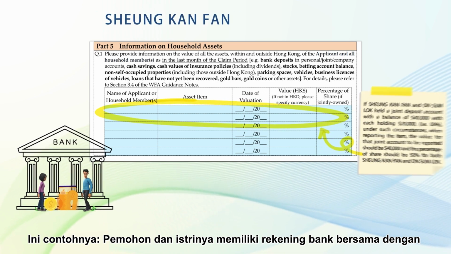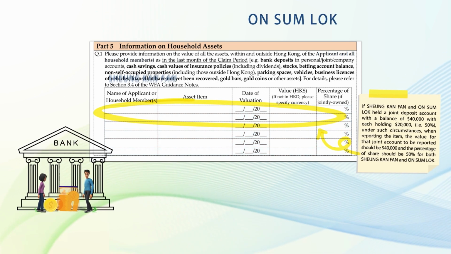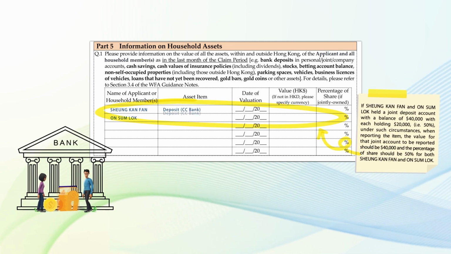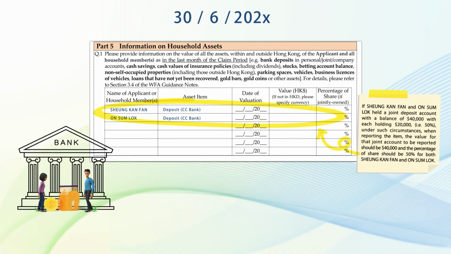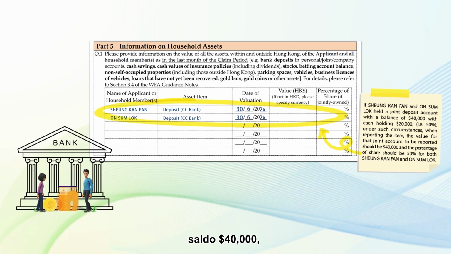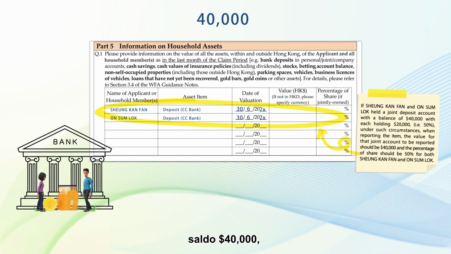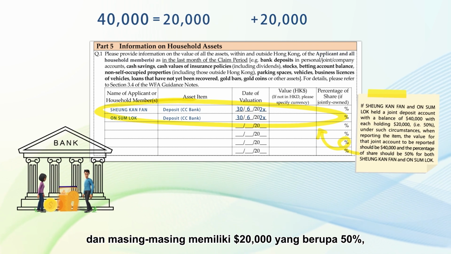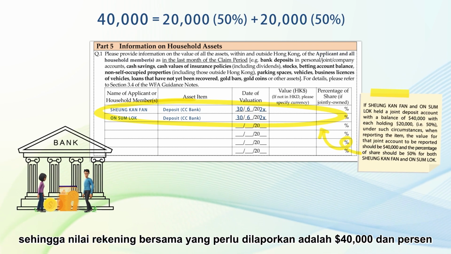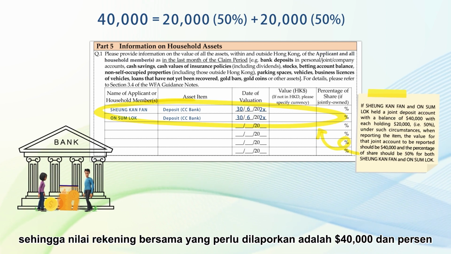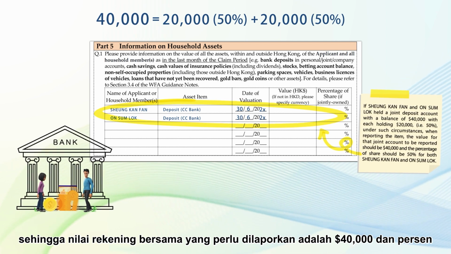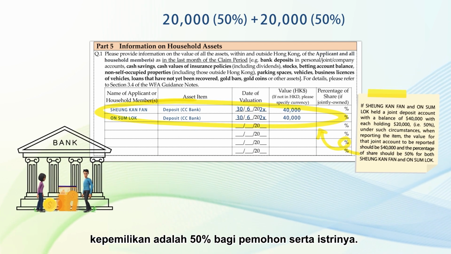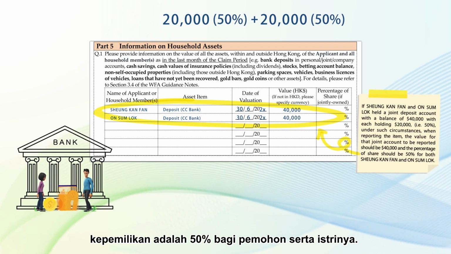The applicant and his wife held a joint deposit account with a balance of $40,000, with each holding $20,000, that is, 50%. Hence, the value of this joint account to be reported should be $40,000. And the percentage of share should be 50% for both applicant and his wife.